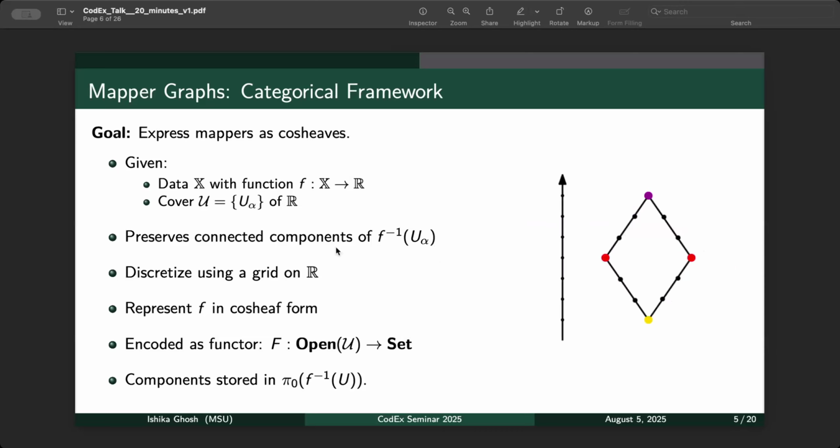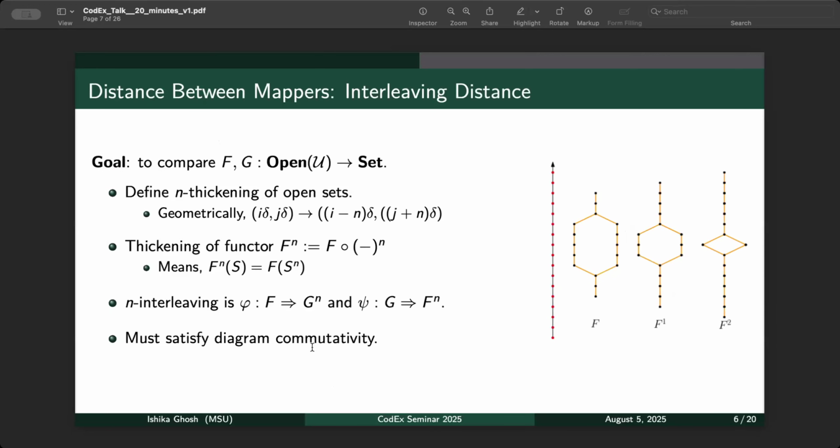We can essentially discretize this mapper graph using the grid structure on R. We represent the function that we started with as a co-sheaf, which goes from the category of open sets over these cover elements to the category of sets, and the information we store is the connected component information that I have with mappers. And what I want to do is, if you give me two mapper graphs in this nice co-sheaf form, compare them using the interleaving distance.